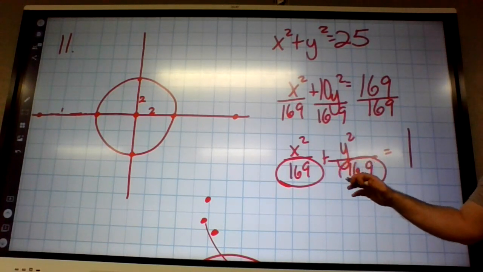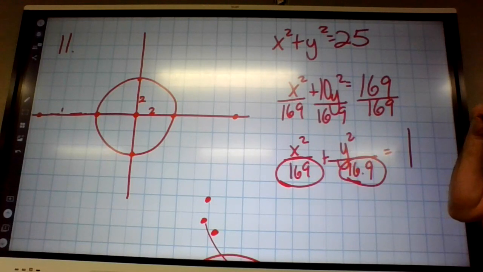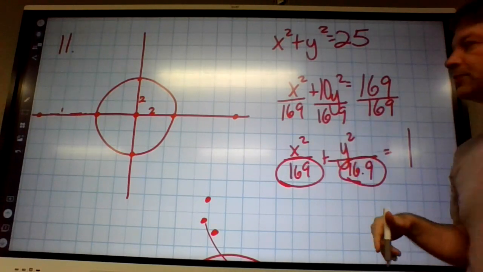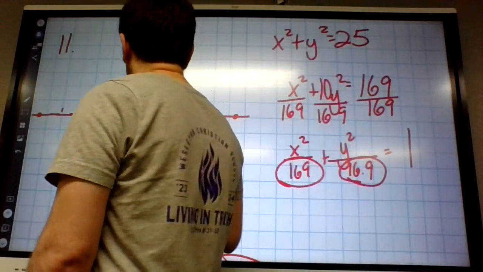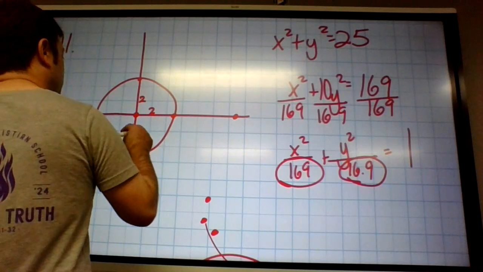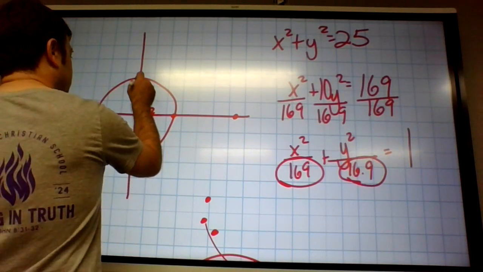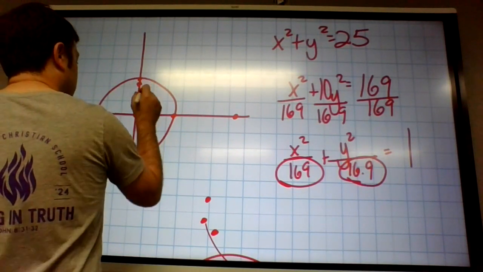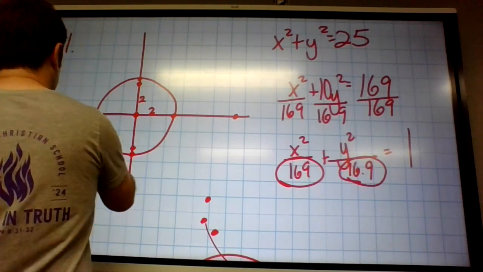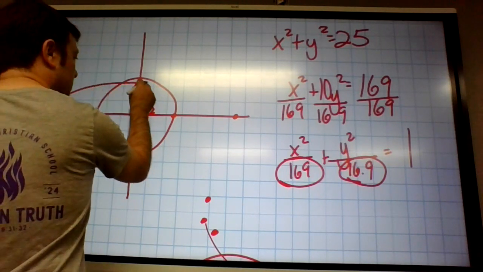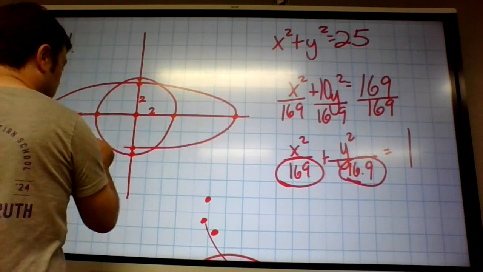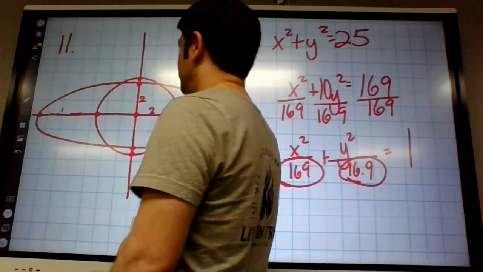Square root of 16.9. 4.11. Okay, a little over 4. But remember, we are counting by 2s, so it's 4. So how many common solutions will this have?